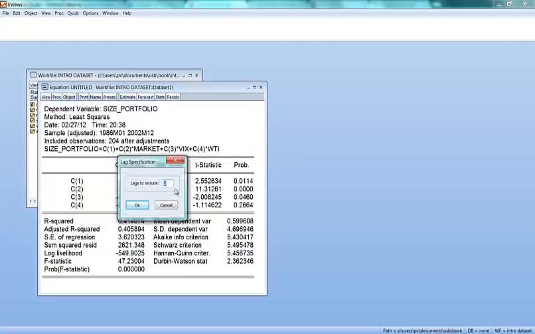Now, the next question we have to answer is how many lags we want to include. This is how many periods we go back. The choice can be somewhat complicated. If you choose a lag number which is low, you might miss serial correlation, which may only exist in higher lags.